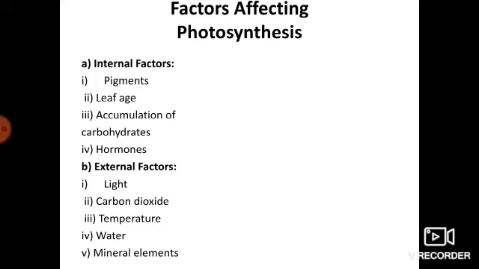The internal factors are pigments, leaf age, accumulation of carbohydrates, hormones, and the external factors include light, carbon dioxide, temperature, water, and mineral elements. By using these factors, the photosynthetic reaction will be completed. Thank you.